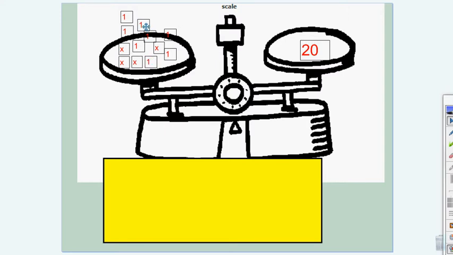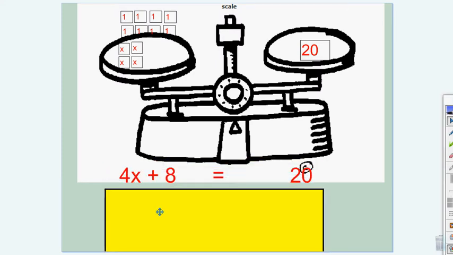When I clean it up, I can see I have a bunch of 1 pound weights, and some unknown pound weights. I don't know what these weigh. But over here I have 20 pounds, and the scale is balanced. So I have 4 x's plus 8 pounds equals 20. We're going to try and find what one of these equals.